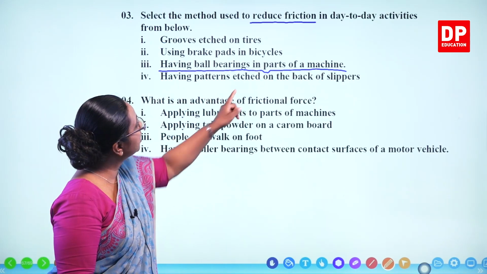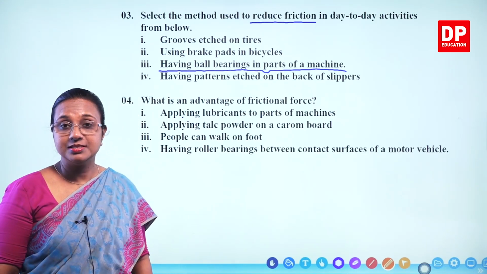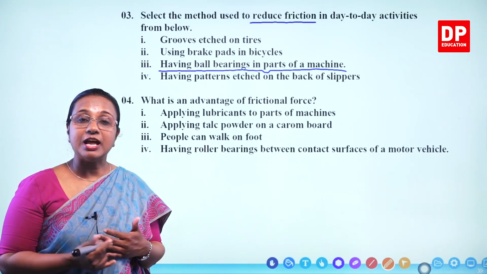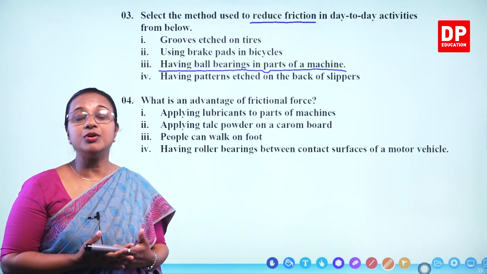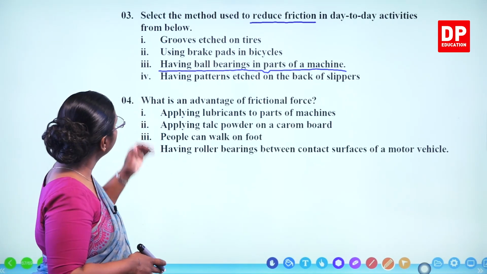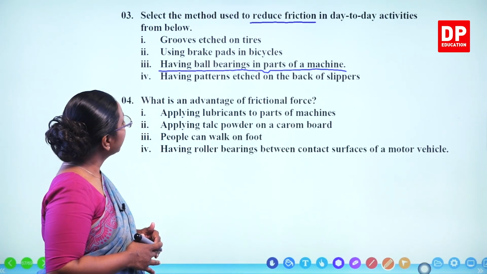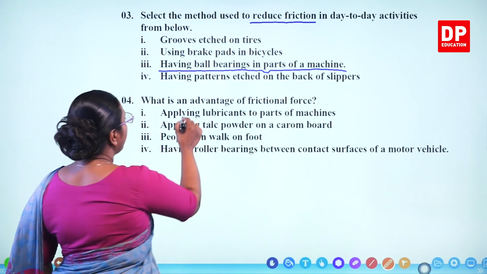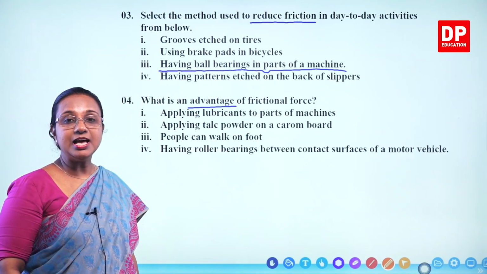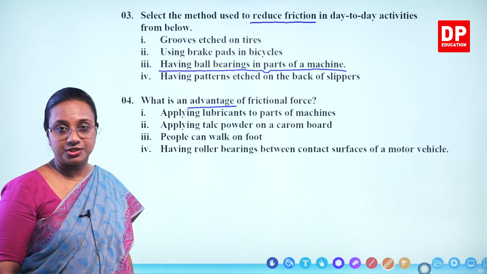Having patterns etched on the back of slippers, this is also to increase friction so that you can walk easily without slipping when you are wearing slippers. Next one. What is an advantage of frictional force? They want you to identify the advantage of frictional force.